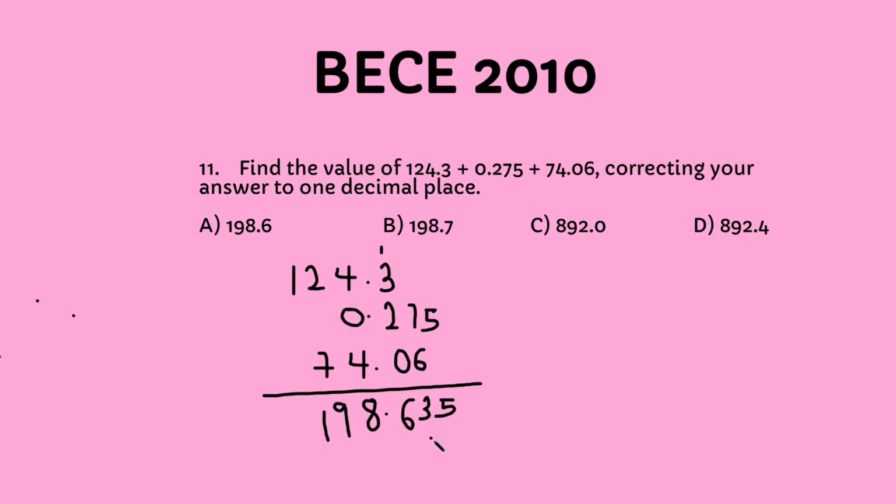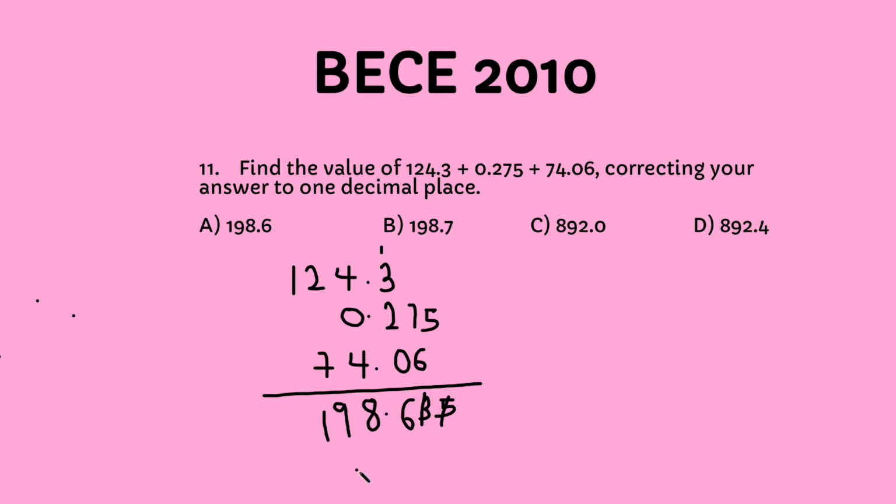In correcting our answer to one decimal place, what do we know about correcting answers to decimal places? In this case with one decimal place, we're going to take the 6 and also look at 3. If 3 is less than 5, then 6 remains as our one decimal place.